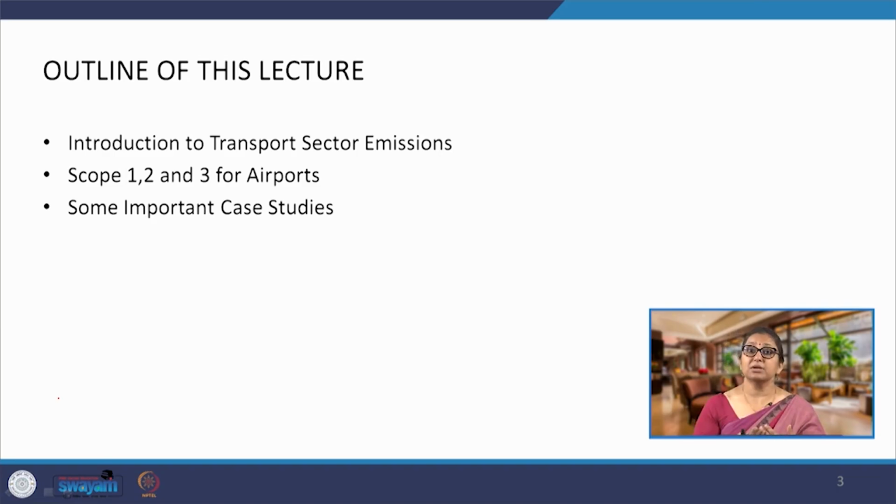So, these numbers sometimes may be specific to a particular airport, and sometimes, if the study has been undertaken by some organization in general, there will be generic numbers. Often these are case study specific and likely to be different for different facilities, but still they give us a clear idea of what kind of emissions come from facilities.